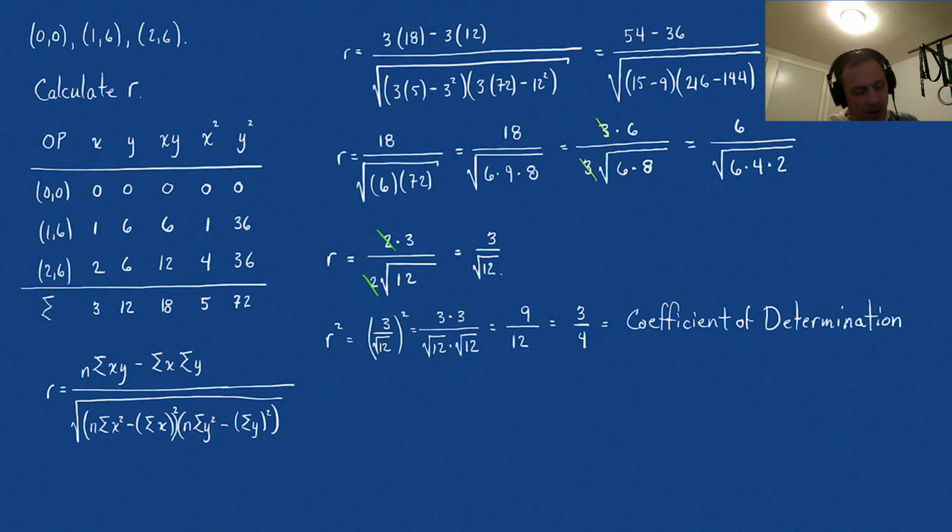So in other words, the summary is that the coefficient of determination is denoted by the value of r squared. And r squared can be calculated by finding r and then squaring it, or it can also be found by taking the sum of the squares of the explained variations divided by the total variations.